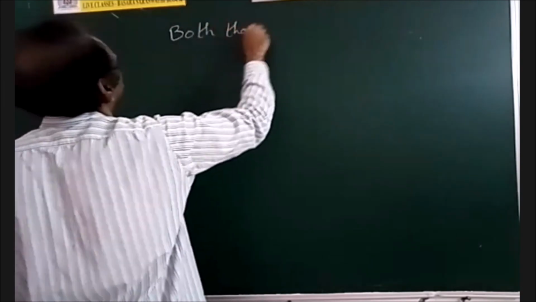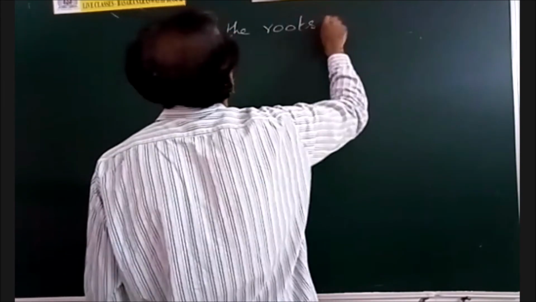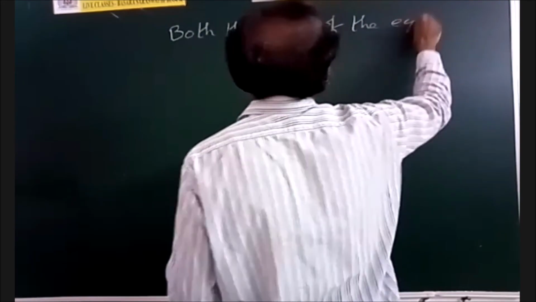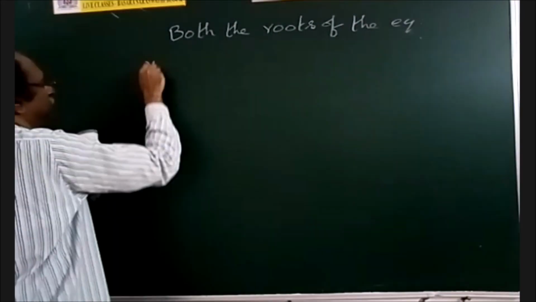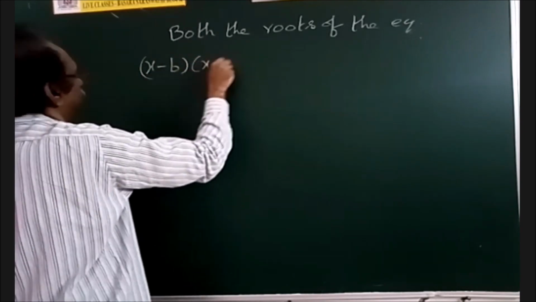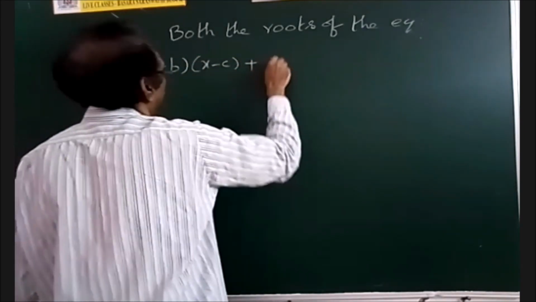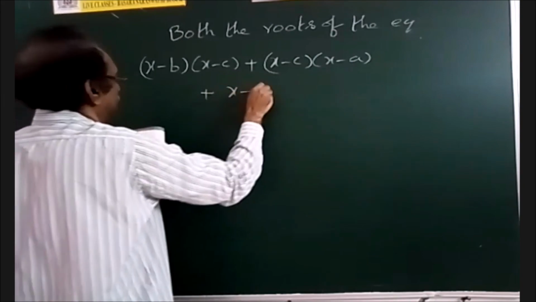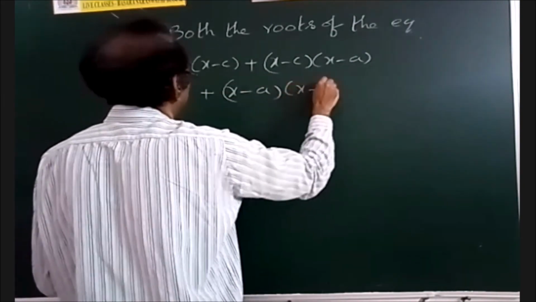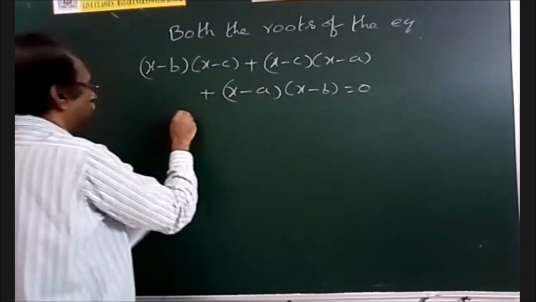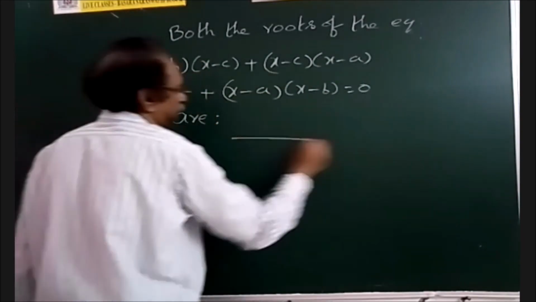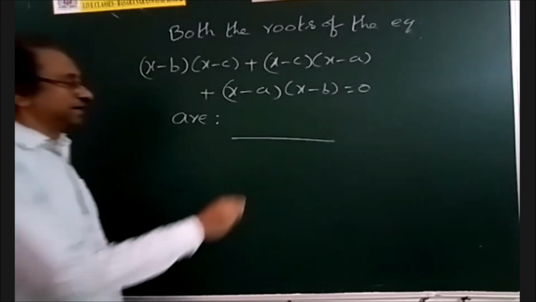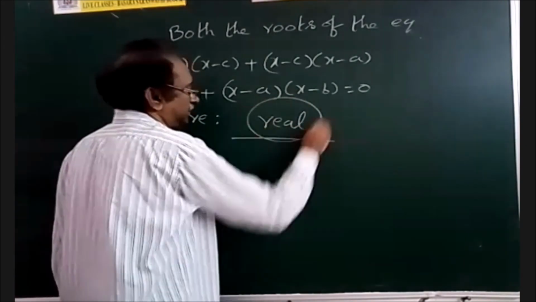And I will write another one. Both the roots of the equation x minus b into x minus c plus x minus c into x minus a plus x minus a into x minus b is equal to 0 are... So once again, whether the roots are real or imaginary, that is the question, and the answer is real.